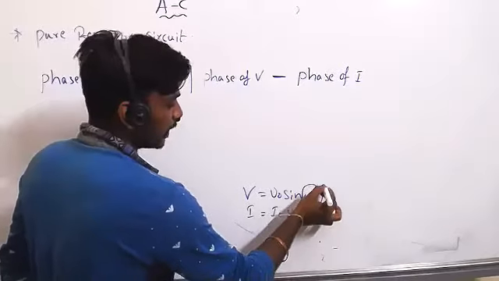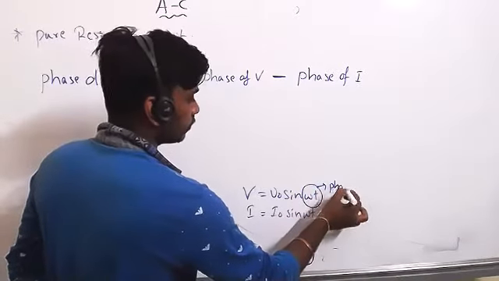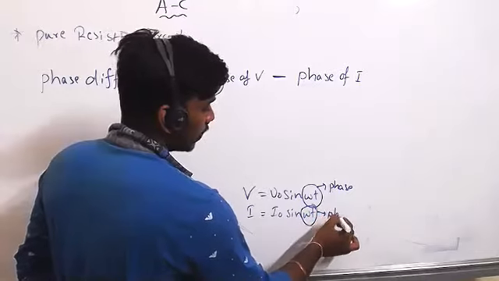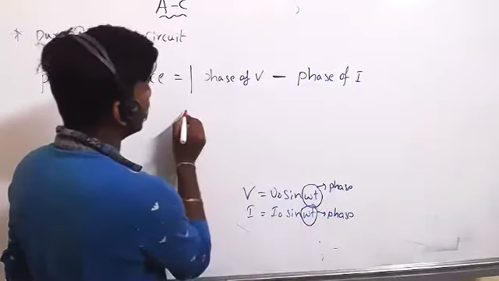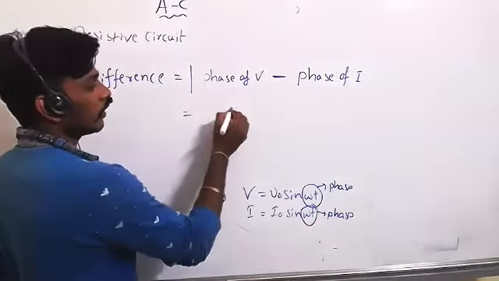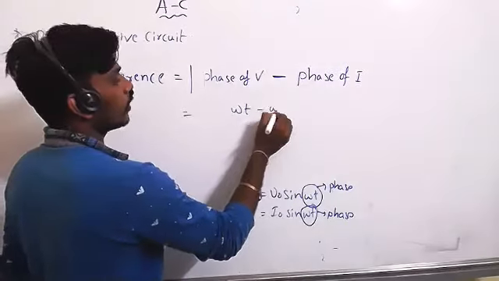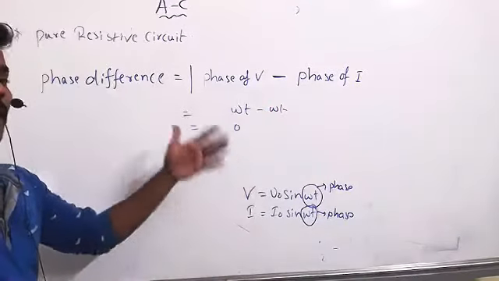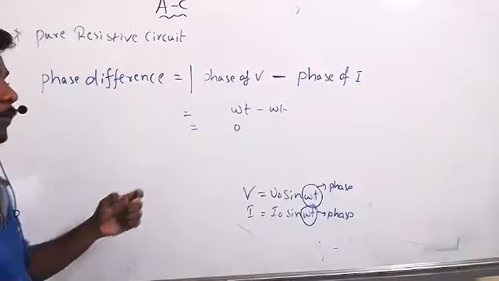Omega t is the phase. Here also, omega t is the phase. Now tell me how much phase difference you will get. Omega t minus omega t. How much? 0. So both are in the same phase.